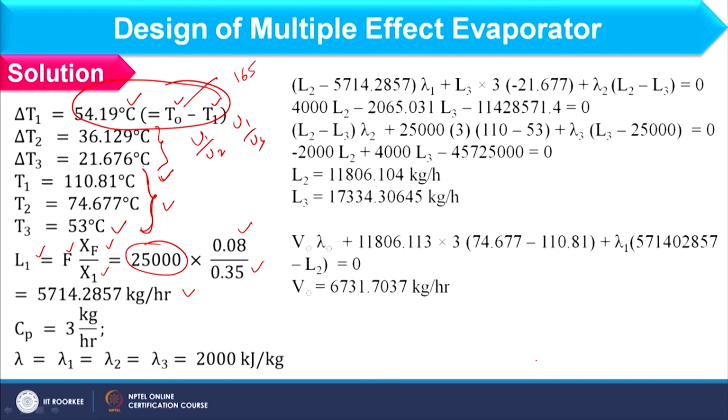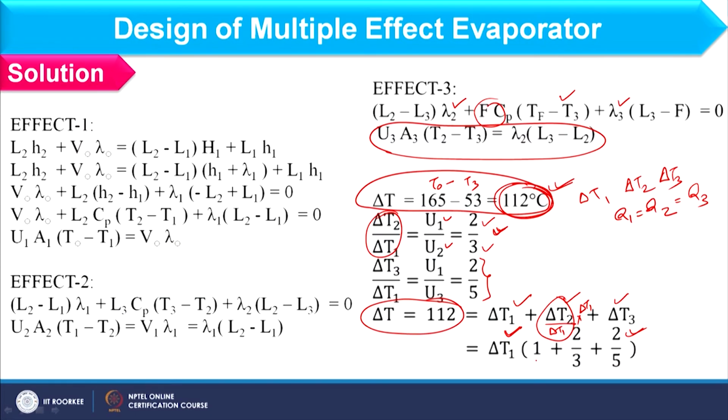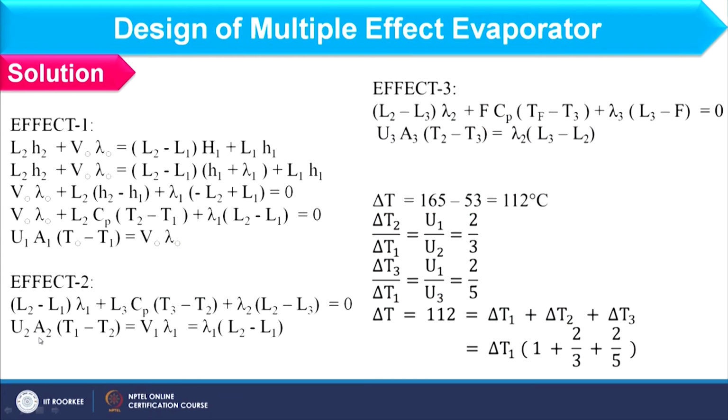Okay. So, to do that, let us focus on the governing equation again. So, here I am having the governing equation. When I focus on effect number 2 as well as effect number 3 and the enthalpy balance of these effects. Okay. So, if you focus on this particular equation, here I am having L1, L2, where L1 is known to me, L2 is unknown to me.